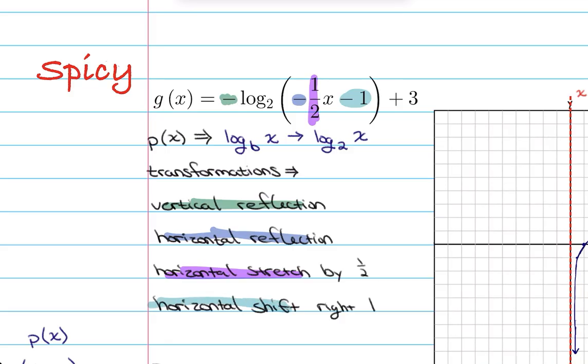Okay, and we're not done yet. Again, the only thing that makes this spicy is we're just going to keep adding transformations. This last one we have is a +3. That is acting on the logarithm as a whole. Notice it's outside of this logarithm. So that means it is going to be a vertical shift. Y's never lie, so it will be up 3 units. So those are all of our shifts.